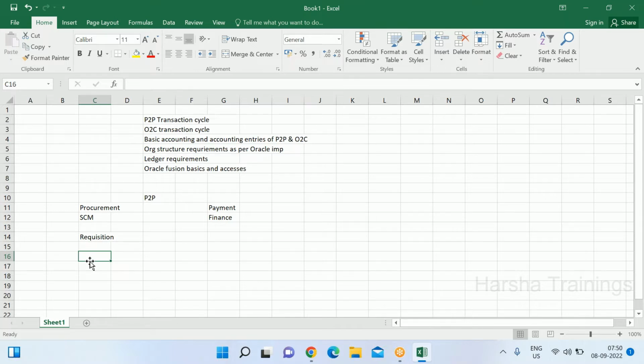Once the requisition is created, the business needs to purchase items based on it, so the purchase order needs to be processed.